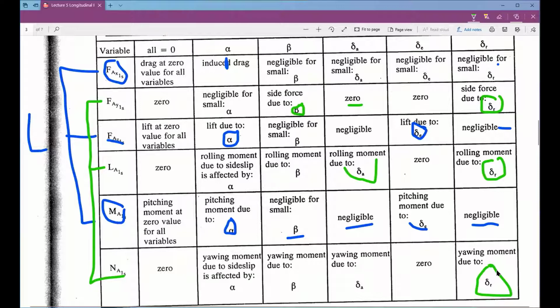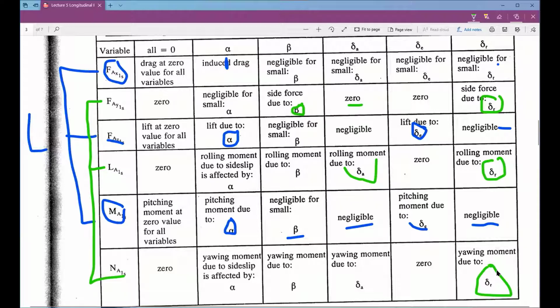So again, notice that there's not a whole lot of coupling between what I've called the green, the lateral directional, and the blue, which is the longitudinal. So alpha does not affect, say, the rolling moment. Yet you could probably think of a case where angle of attack would affect rolling moment. Like if you're stalled, right?